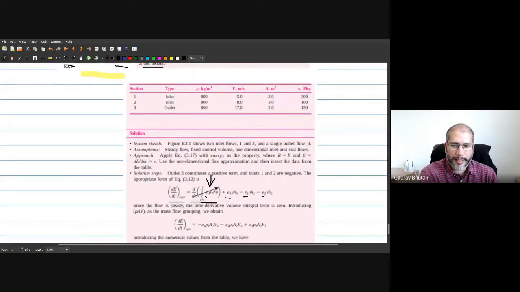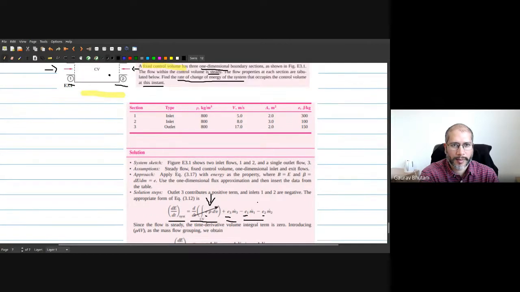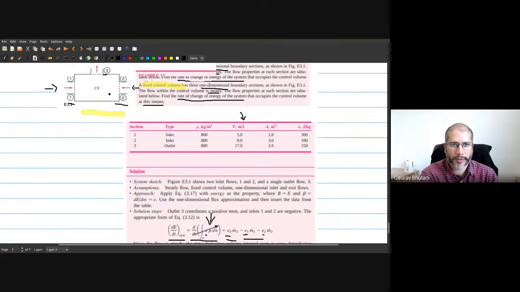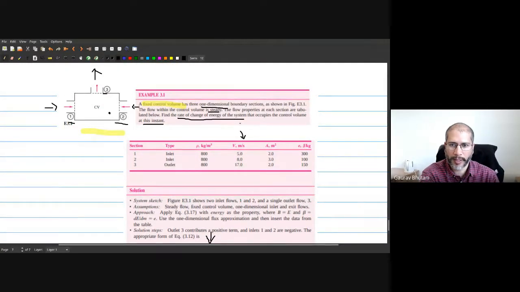Right, and then on the right hand side, the other 3 terms are simply the control surface integral terms. In this case, we are using the 1D approximation. So there are 2 inlets and 1 outlet. And in this case, I think the velocities are given. So these are velocities going out normally. So you can multiply the velocity by the area to get the volume flow rate, and you multiply that by the density to get the mass flow rate.